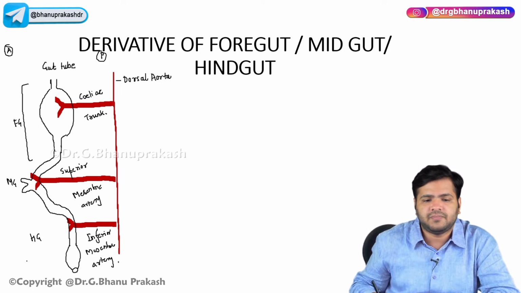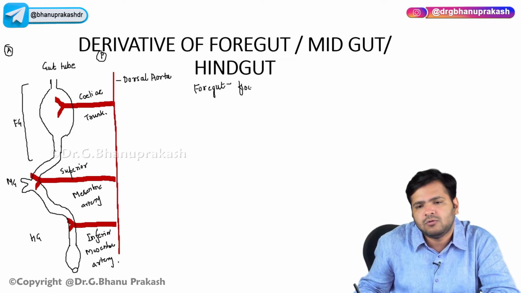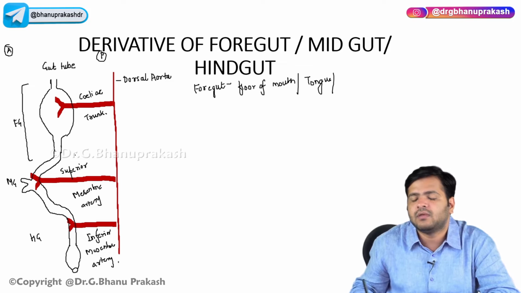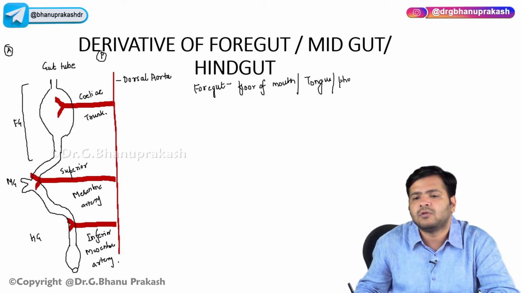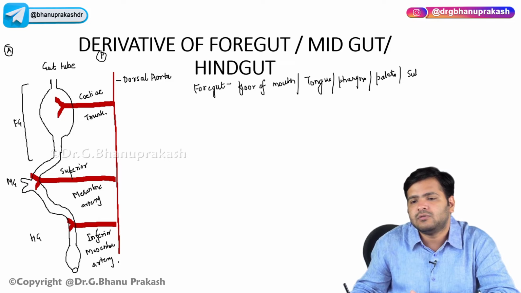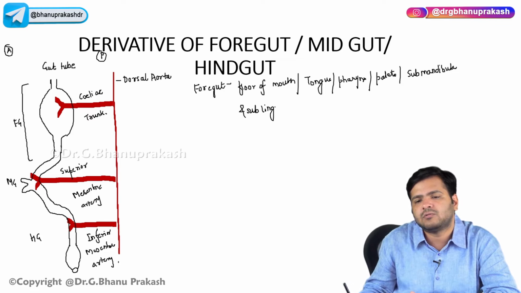Now the foregut forms the floor of the mouth, the tongue, the pharynx, the palate, the submandibular and sublingual glands.